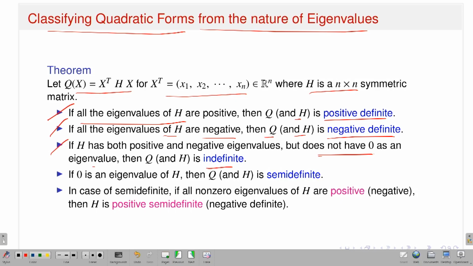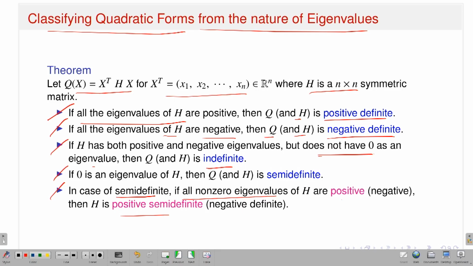Now, if 0 is an eigenvalue of H, the corresponding quadratic form and symmetric matrix is called semi-definite. In particular, in the semi-definite case, where 0 is an eigenvalue, if all non-zero eigenvalues are positive, then I will say that this is positive semi-definite. If all non-zero eigenvalues are negative, then it is negative semi-definite.